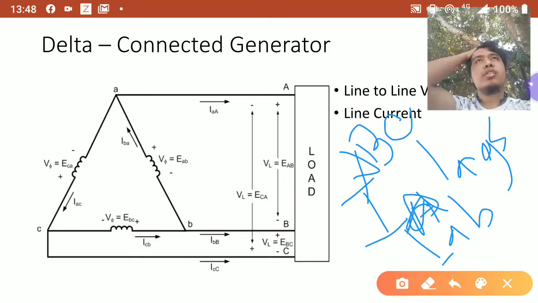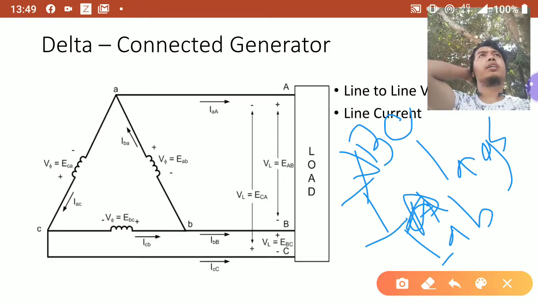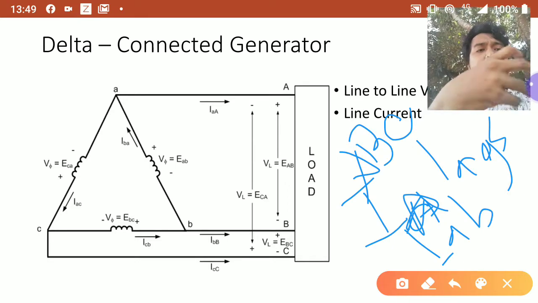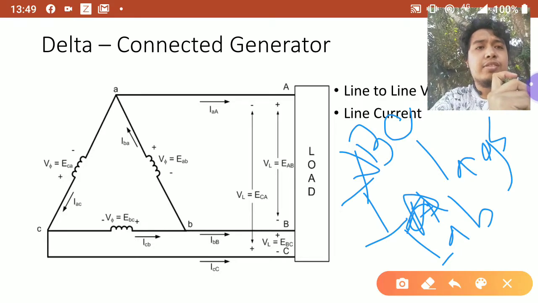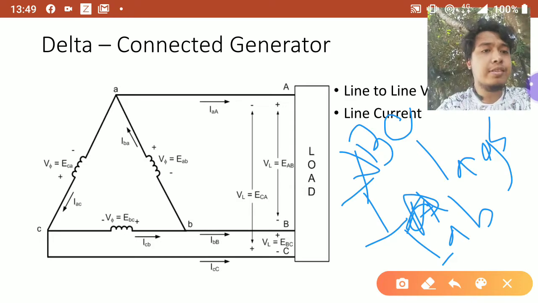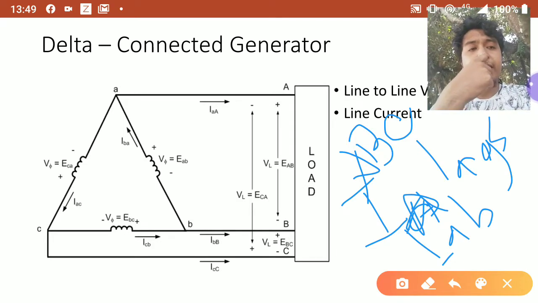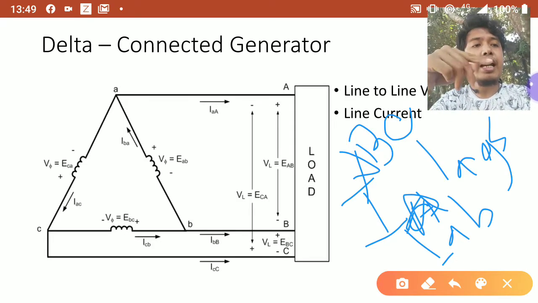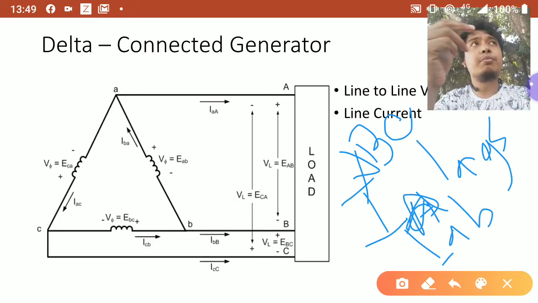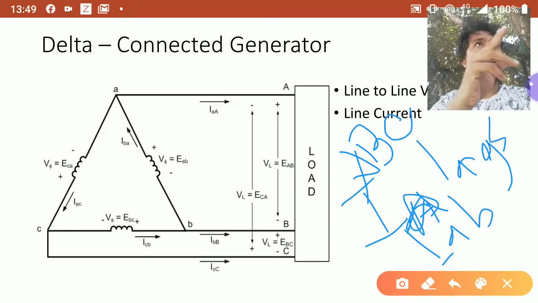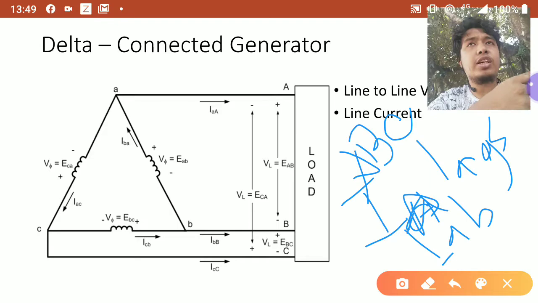So it's actually easy to remember. In ABC sequence, if it's Y, your line-to-line leads phase. If it's delta, your line lags phase. And the correspondence is AB to AN, BC to BN, and then CA to CN.